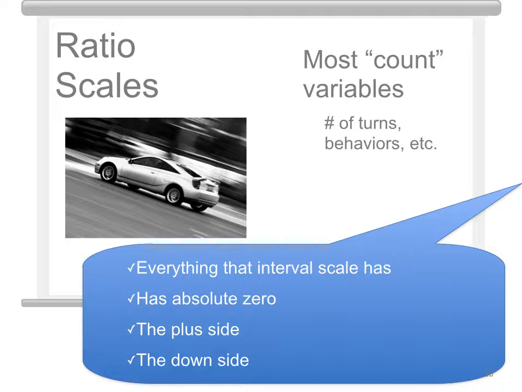Think about count variables as fitting ratio scales. And again, there's pluses to this, downsides to this. As you go through the course, or as you go through your research, this is something to think about. What scale is your measurement?